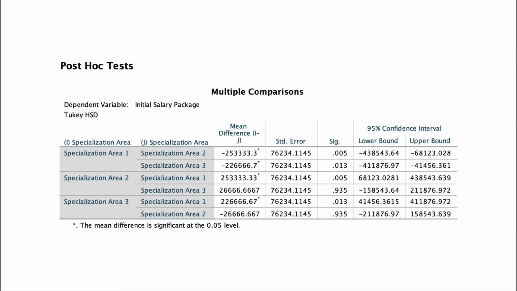Now we know that there is a difference across the initial salary packages of students who opt for these different specialization areas. We can move to the post hoc test table called the multiple comparisons table, under which we had selected Tukey.